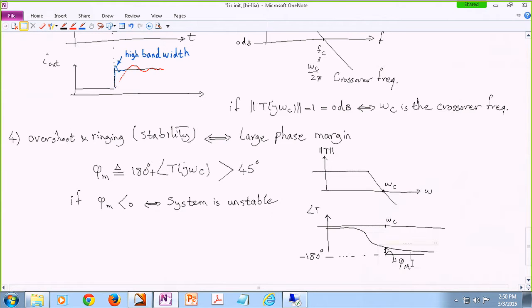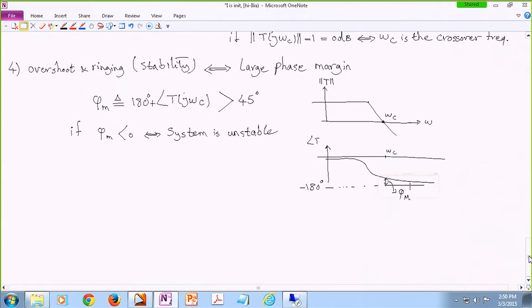So what I mean by overshoot and ringing, or stability, is this. Going back to the example where we have a sudden change in the load resistance, and you are, for instance, looking at the output current.